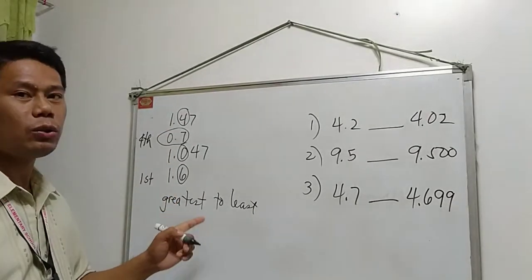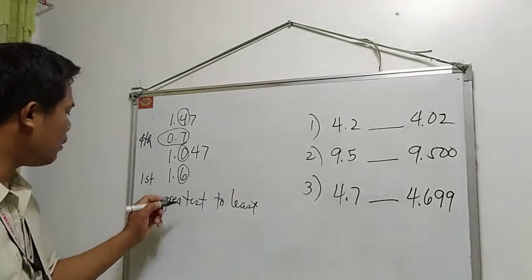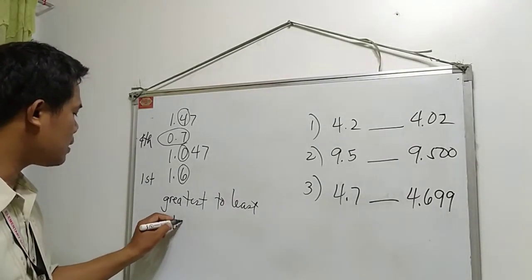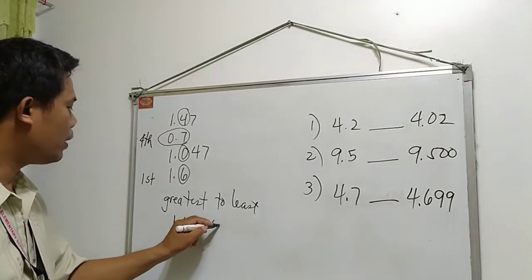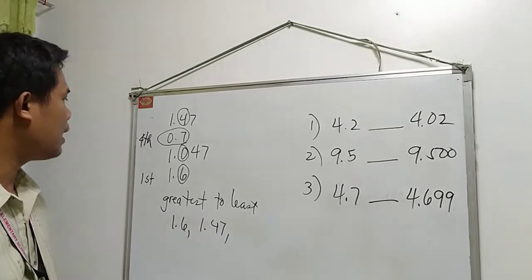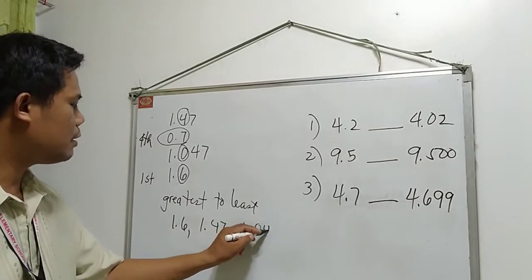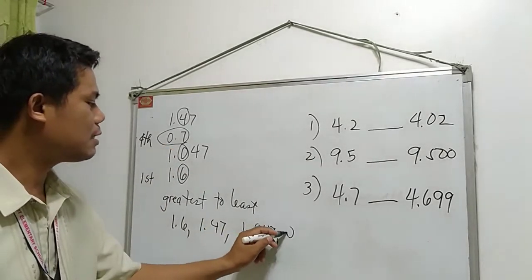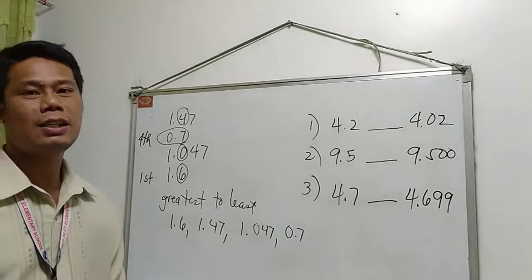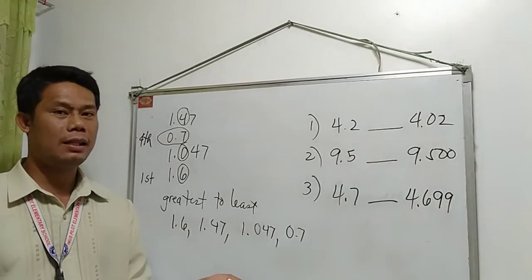So, if we are going to write now in greatest to least, so mauuna na ngayon si 1 and 6 tenths, followed by 1 and 47 hundredths, followed by 1 and 47 thousandths, and the last is 7 tenths.